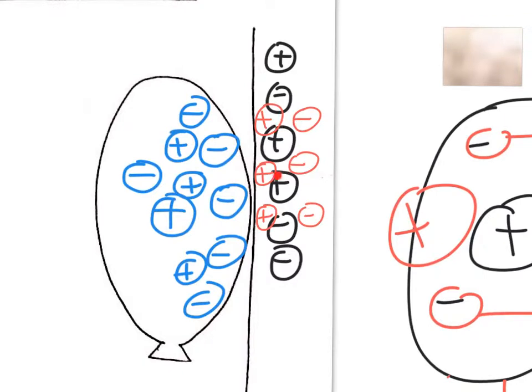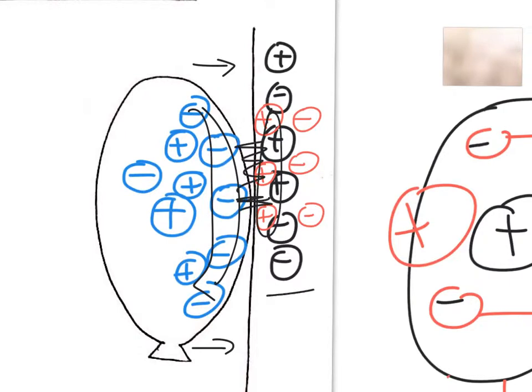It's very slight, but because the electrostatic force is very strong, we have negatives attracting the positives and being repelled by the negatives, but because the negatives are farther away, the attractive force is greater, and that's why the balloon sticks to the wall. So the negative charge pulls the positive charge towards it, creating an attractive force that's greater than the repulsive force, and the balloon sticks to the wall. Cool.